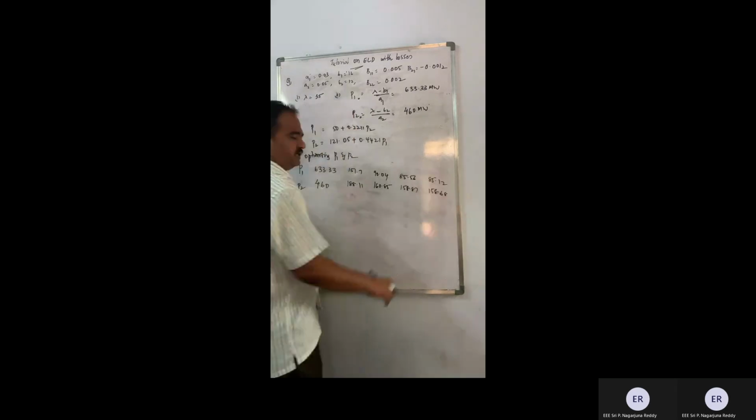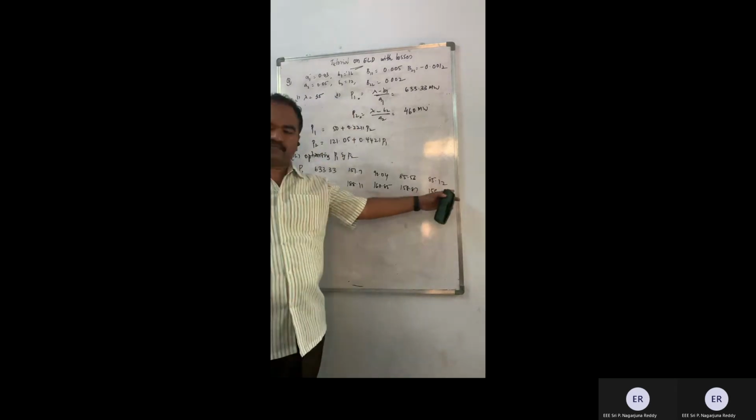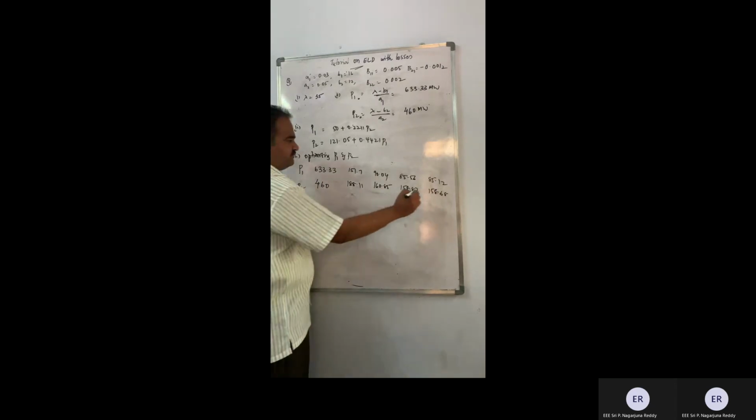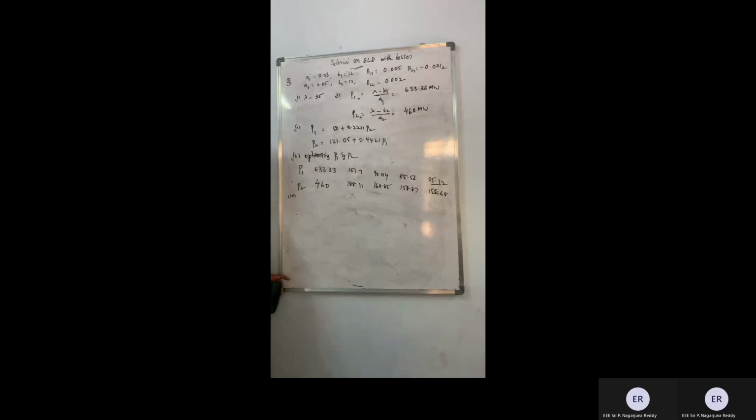So I think further if you do it again for the sixth iteration, they will be very close. So I am stopping it here. I am assuming that these are my final values of P1 and P2.